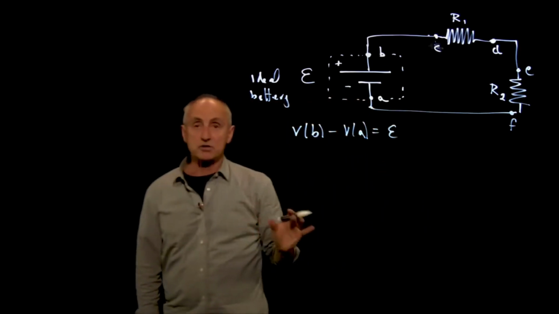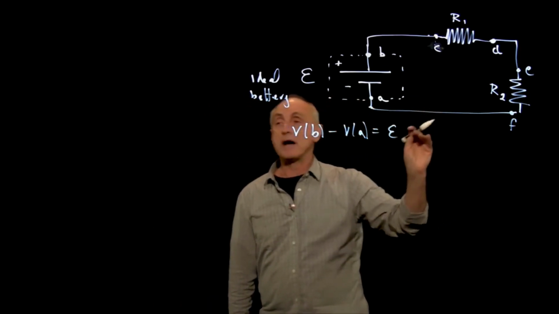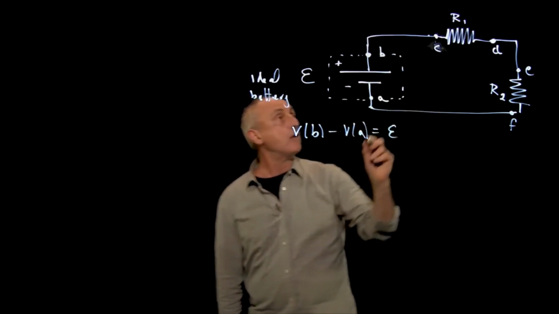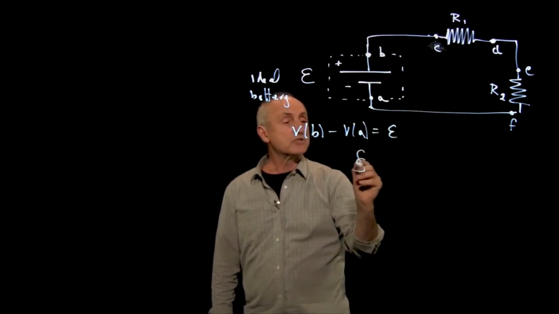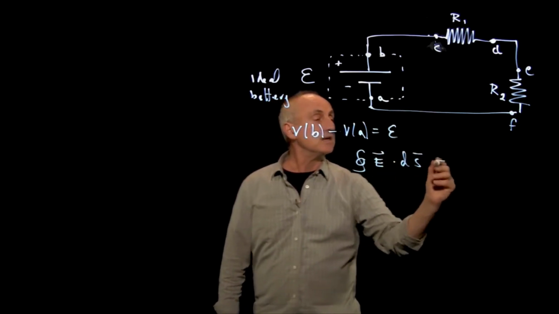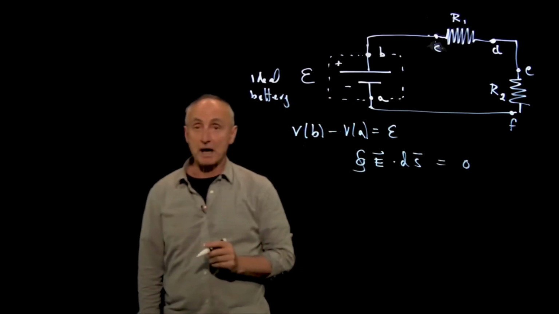Now, when we analyze circuits, we want to talk about the potential difference as we go around this closed path. Now, we know in electrostatics that the line integral of E dot ds is 0 around the closed path.